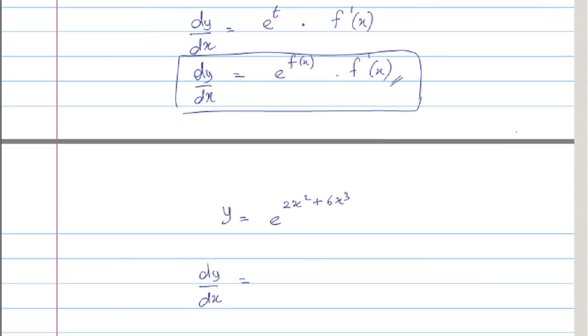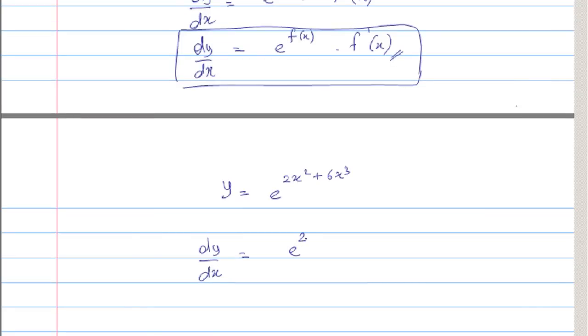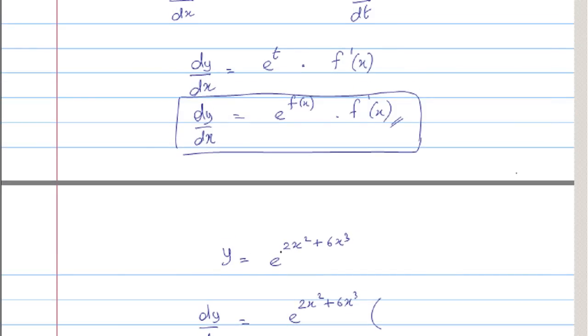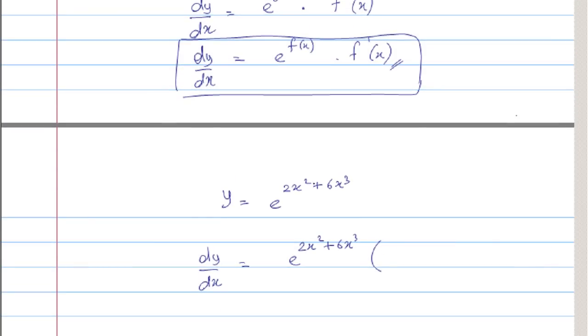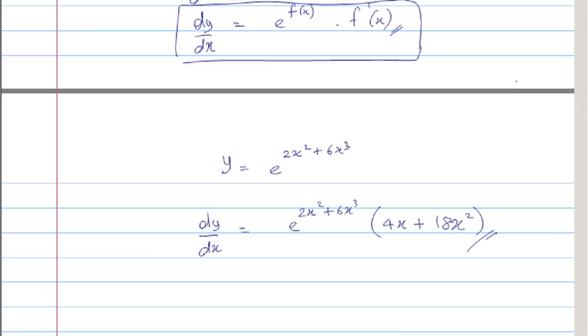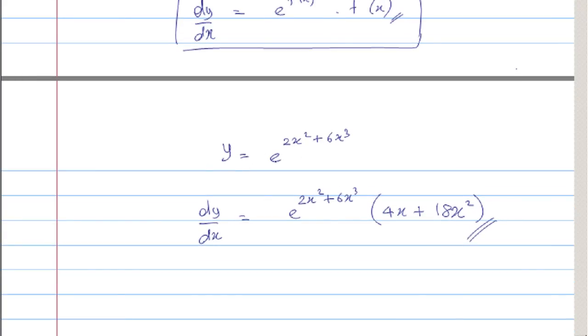So I write this same function down here: e to the power 2x squared plus 6x cubed. But then I have to multiply that by the derivative of whatever that function is, so the derivative of this power. The derivative of 2x squared is 4x. Then plus the derivative of 6x cubed, which will be 18x squared. So this would be dy over dx for this function.